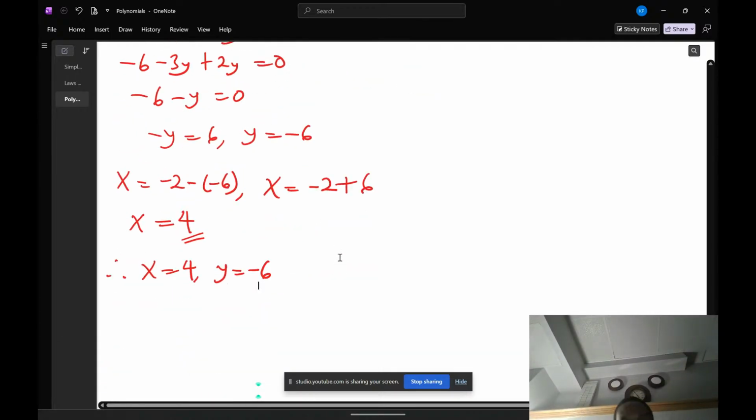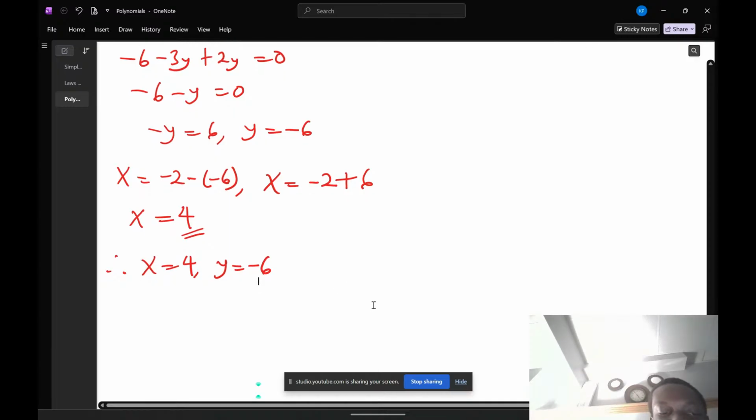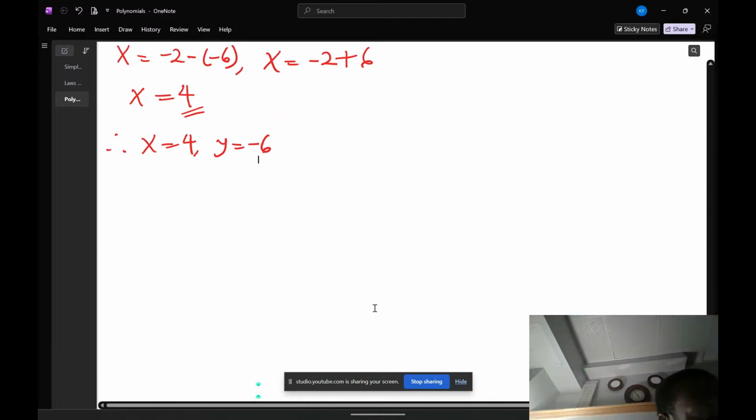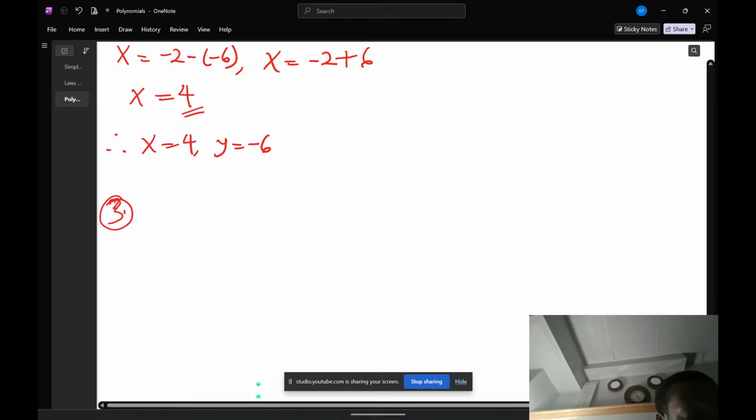So I'm going to do another question on substitution method before I move to elimination method. Elimination method can be a little tricky, but if you do it the right way, you get it. So I will do something a little different. Let's do number 3, or number 4, whatever number it is.